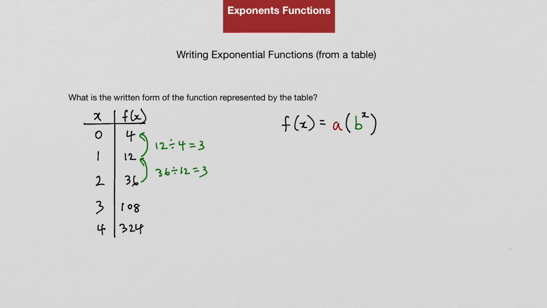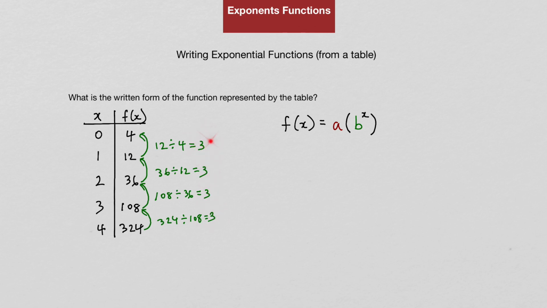Okay, and then we will continue that with the fourth to the third. So let's say 108 divided by 36, and we will see that that is equal to 3. And then the last one, 324 divided by 108 is also equal to 3. Okay, so you see that in every case the ratio is 3.